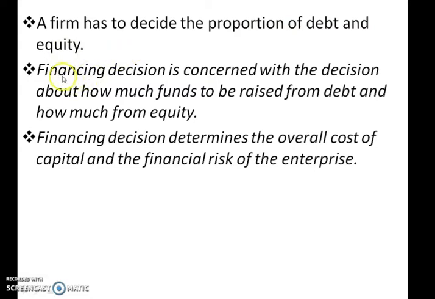Financing decision is concerned with the decision about how much funds to be raised from debt and how much from equity. So the topic which we are discussing today is financial decision or financing decision.